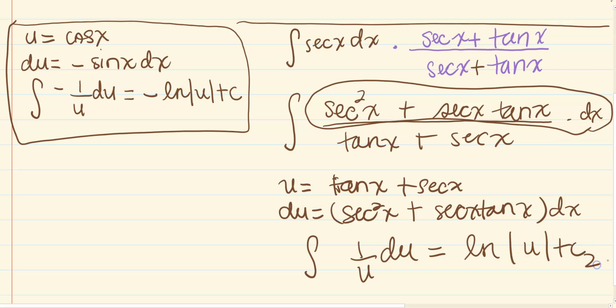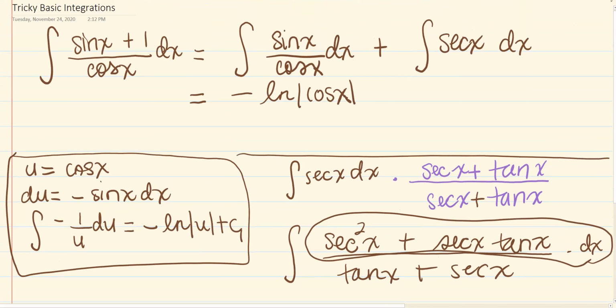This is c2, and let's say that's c1. Anyhow, the antiderivative of secant x now becomes ln of u, where u is tangent plus secant. So this becomes ln of absolute value of tangent x plus secant x plus some constant c.